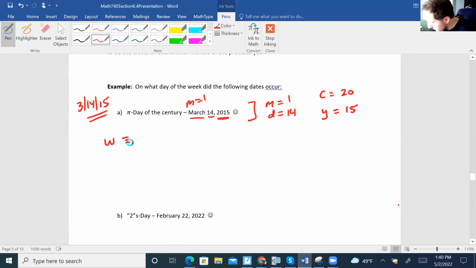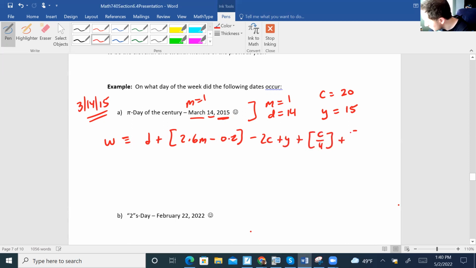So using my algorithm, I'll write it out at least for the first one so we can see it. This would be from above: D plus greatest integer of 2.6m minus 0.2, minus 2c, plus y, plus greatest integer of c over 4, plus greatest integer of y over 4, and we're working mod 7.